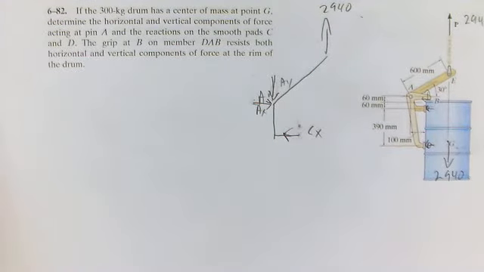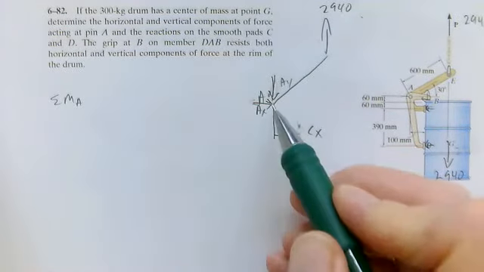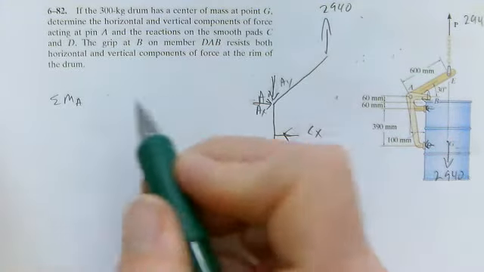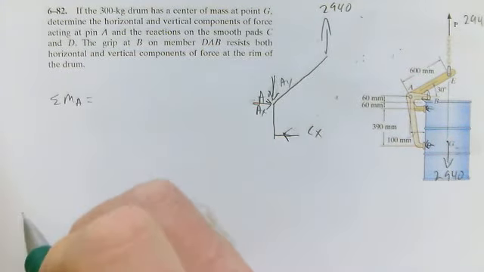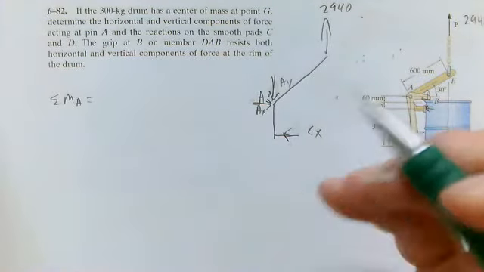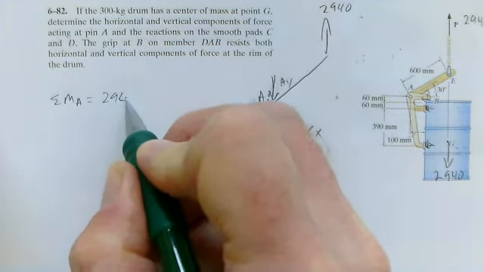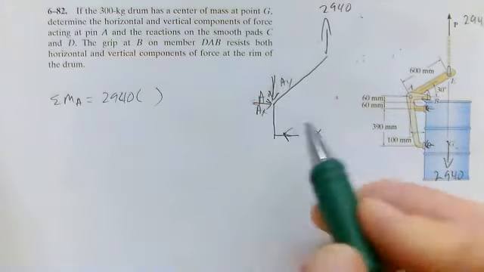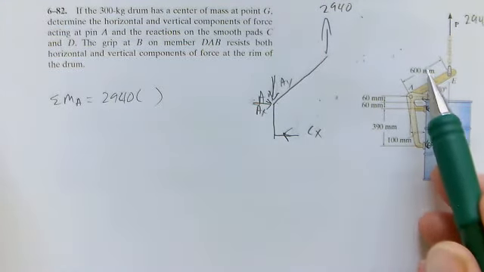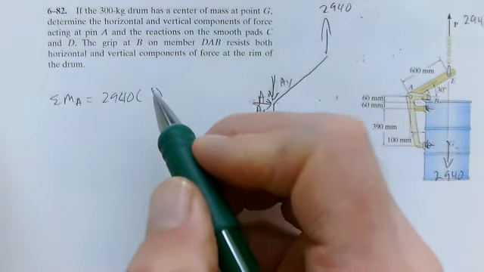Okay, so I'm going to start by summing the moments about the point A, because about point A, these two don't matter, and all we have is CX, and we can solve for that directly. So we got 2,940 up. It's going to cause rotation counterclockwise, which is going to be positive. So 2,940 times this distance, and that distance is 0.6, I'm going to go with meters, 0.6 cosine 30.